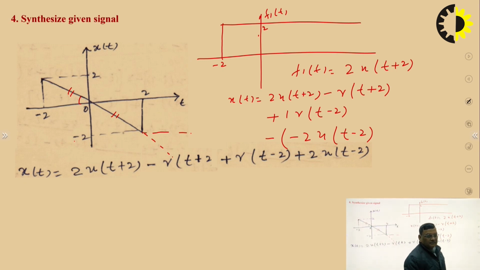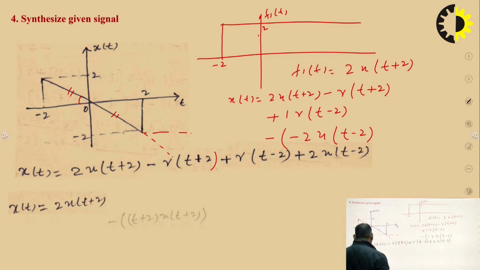This way we can write the equations of this wave shape in terms of advanced unit step, advanced ramp, and unit step. And then we can take the Laplace transform.